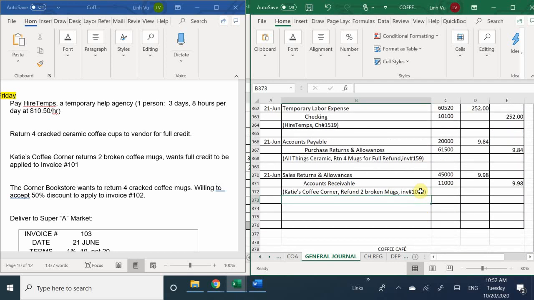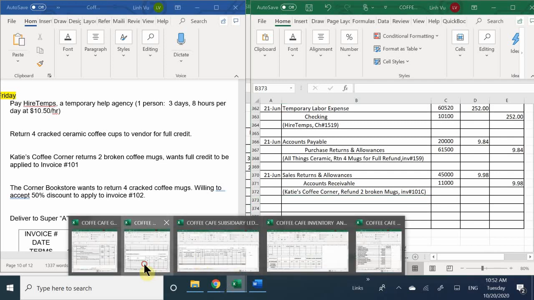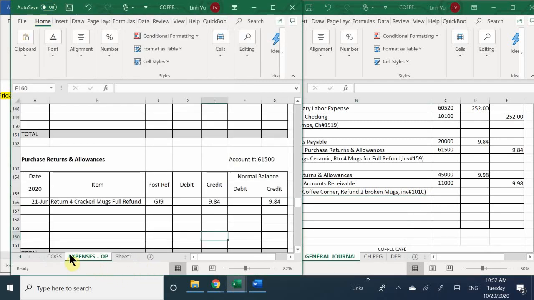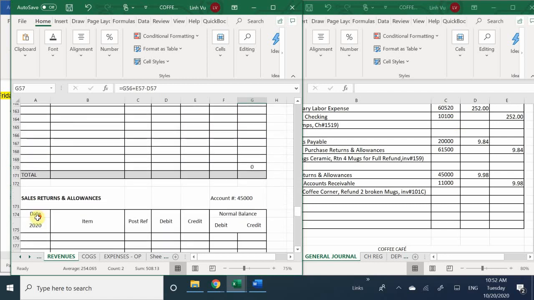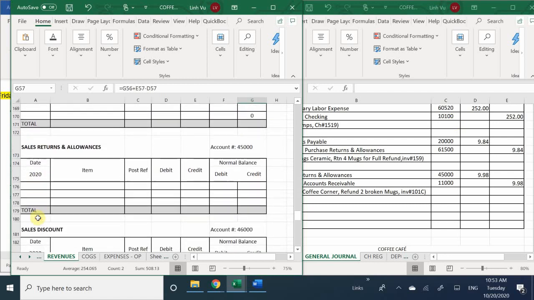So where do we need to go next? Ledger. Good. So sales returns and allowances is going to be under revenues because it's a contra account. Here we're just going to go all the way down to sales returns and allowances.